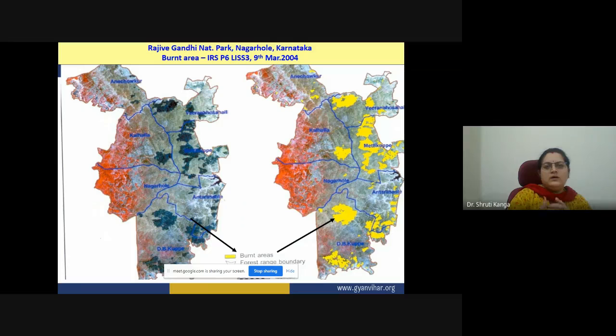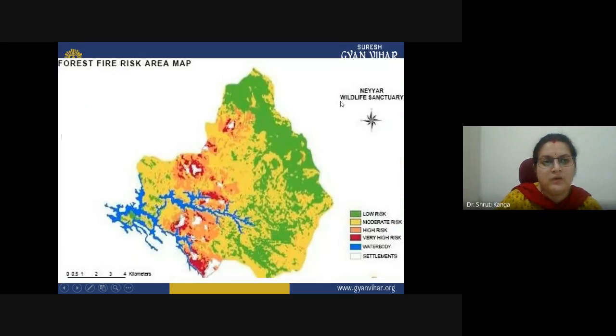Then this burnt area analysis was done on the basis of different forest fire demarcation in Rajiv Gandhi National Park, Karnataka also. So this is the image where they have tried to demarcate these burnt areas, which you can easily identify in these images also.